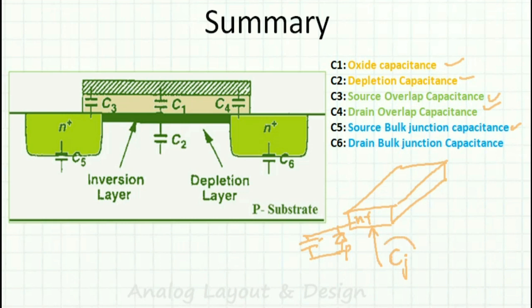And if I know the unit value Cj, then I just have to multiply by the area. Area is nothing but E and W, so that is nothing but Cj into E into W. This is a big capacitance actually.